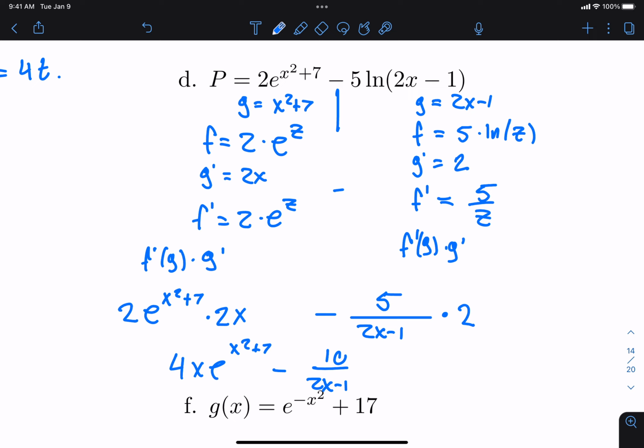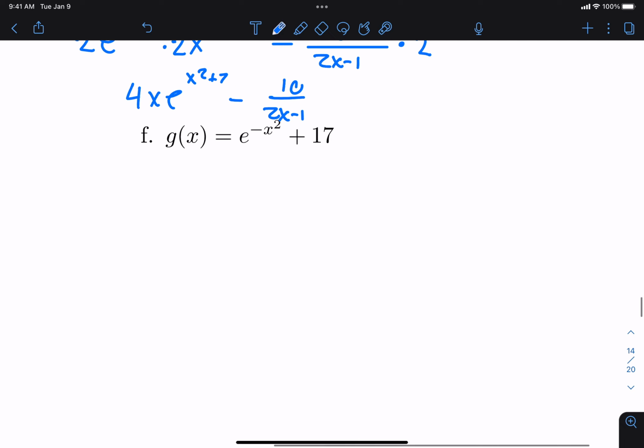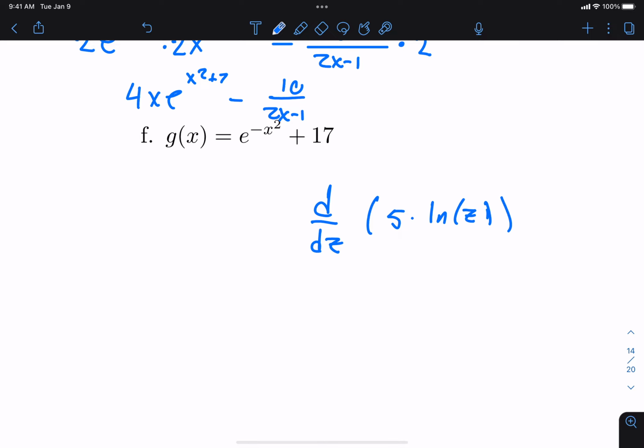Any other questions? Yeah. In the previous example, you did 1 over z, but now we did 5 over z. Why? Because this is 5 times ln z. So to do the derivative of 5 times ln of z, the constant rule says you can take the constant out, right? And you get d dz ln of z, yes?